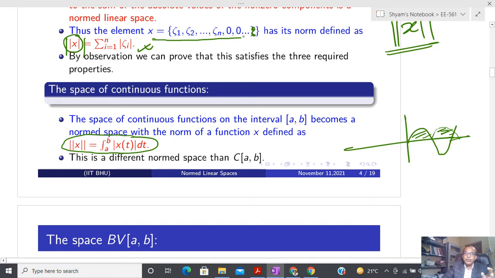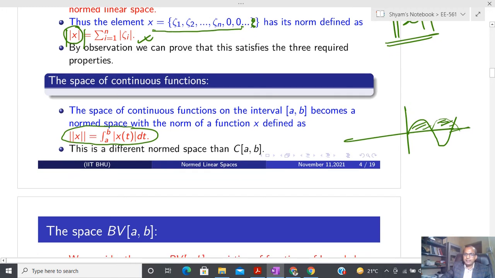So in today's lecture, the first point is why different notions are required and how to choose one. If a space is given and I have to do analysis of that space, how do I select that norm? I am also going to give that kind of example in today's lecture.